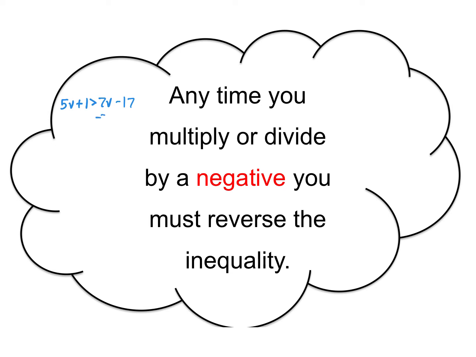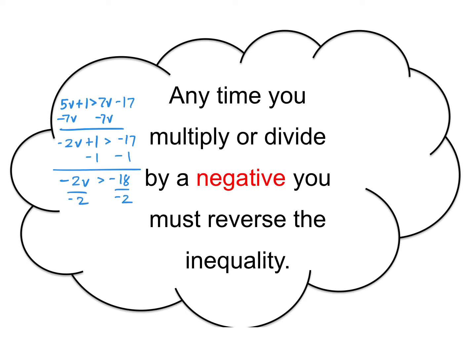So I'm going to subtract 7v on both sides, and I get negative 2v plus 1 is greater than negative 17. Next, I'm going to subtract 1 on both sides, and I get negative 2v is greater than negative 18. And then divide both sides by negative 2.